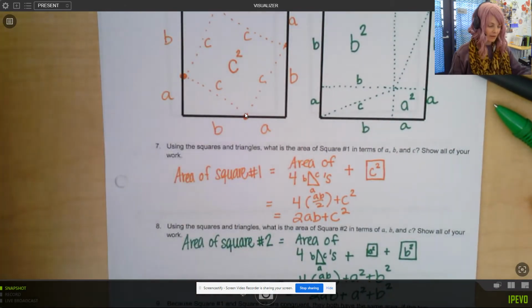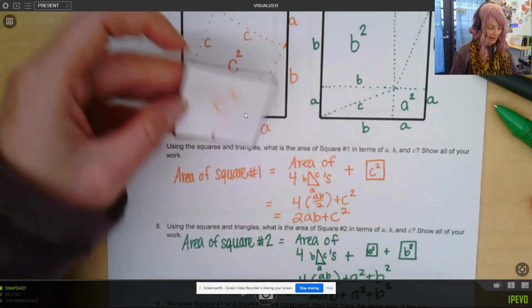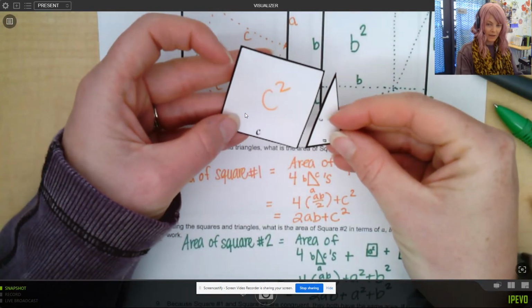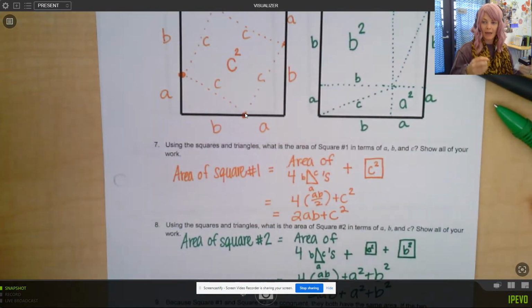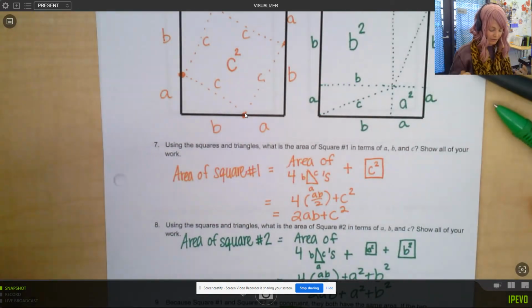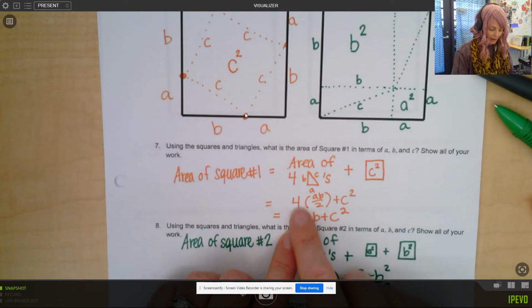Many of these Pythagorean theorem proofs, you guys, take the areas of the items that are making up the shape and add up each area to find the sum of the area. So that's what we're doing here. And then, of course, this 4 and this 2 cancel, and the 4 becomes a 2.